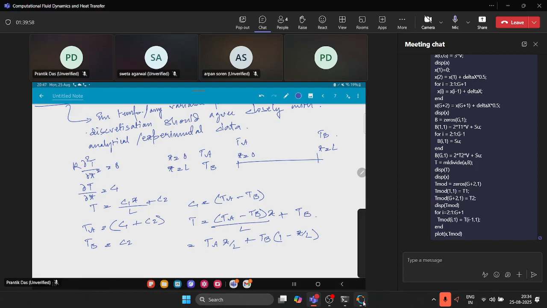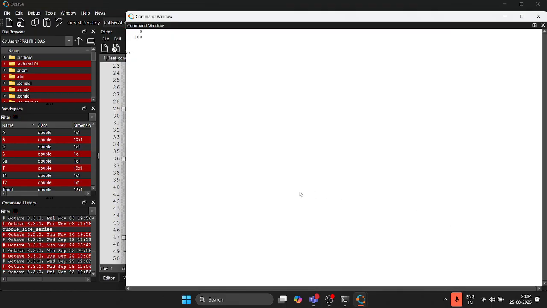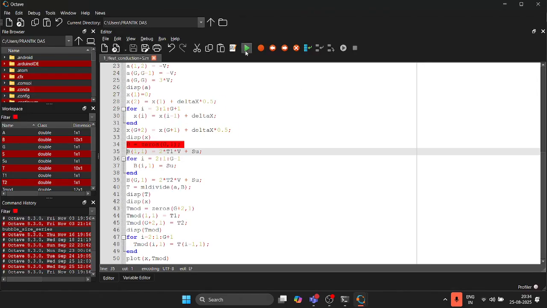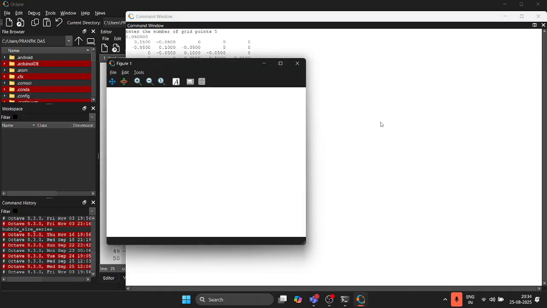So if I actually take the temperature profile, for example, let me see the temperature profile here. Let me do it for you. So for example, there are some 5 points.